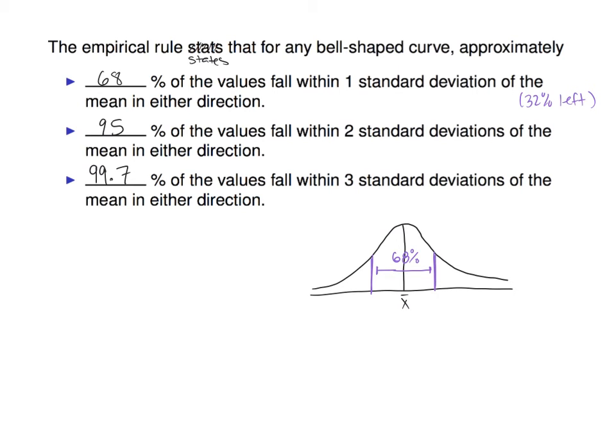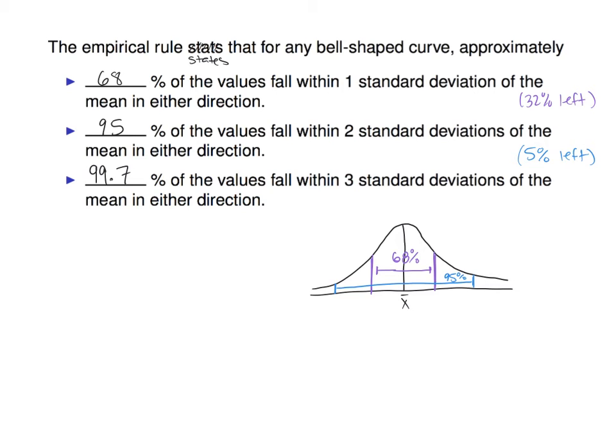1 more standard deviation away, so about there, that's about 2 standard deviations from the mean. There live 95% of everybody, which leaves you just 5% left over, and half of that falls below in that bottom tail and half falls above.